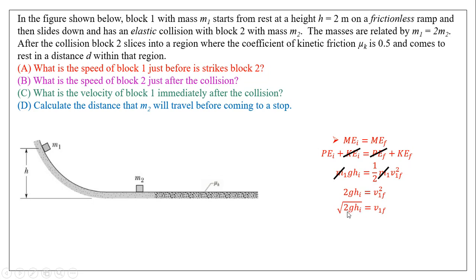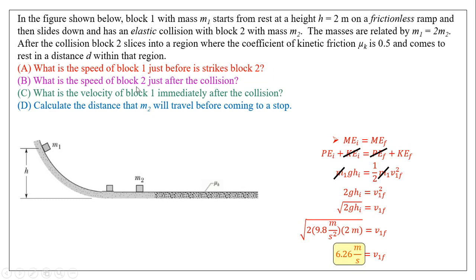So here, we know G, we know H being 2 because it was given in the statement. And then other than that, we just go ahead and plug values in and then square root that, and you'll get 6.26 meters per second. Because they asked for speed, I don't need to give a direction. So the speed for block 1 at the bottom of the ramp is 6.26, and that's the answer for part A. Let's do part B.